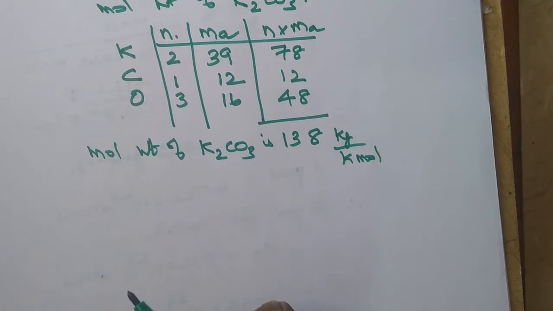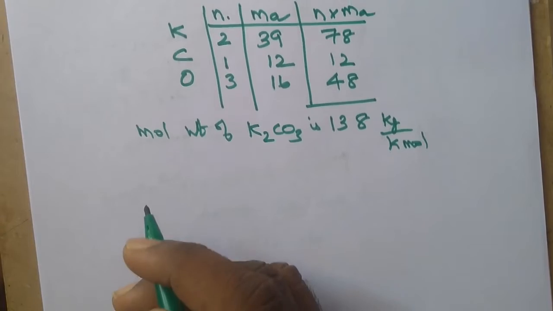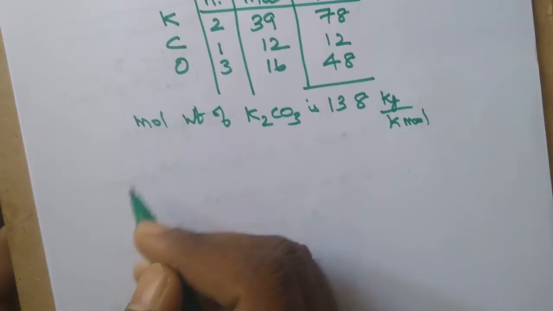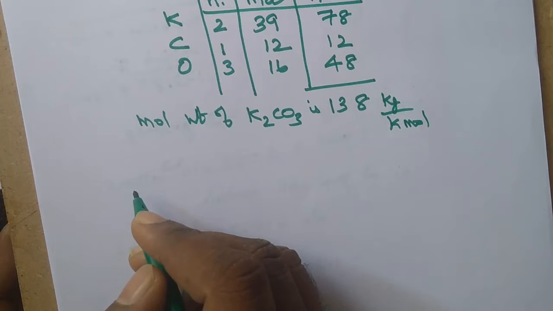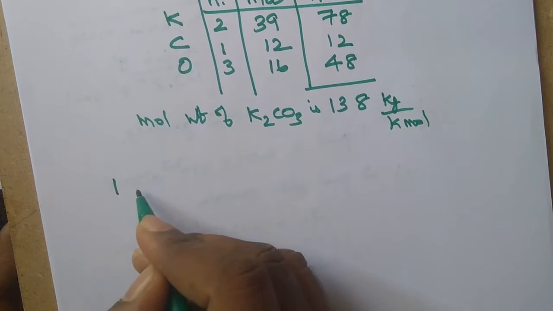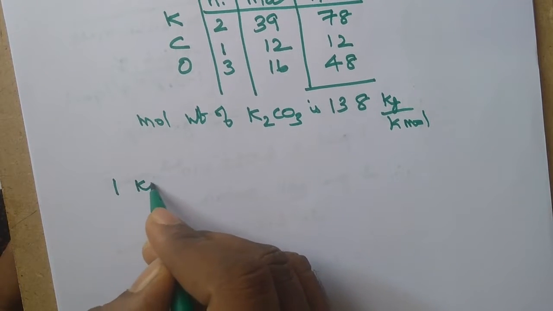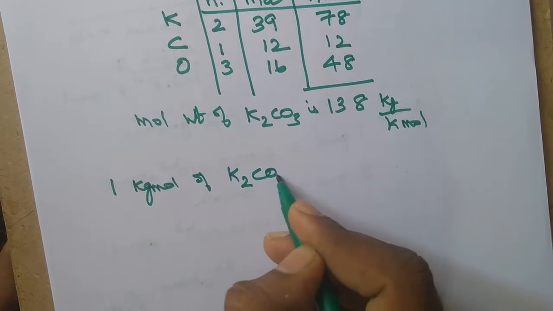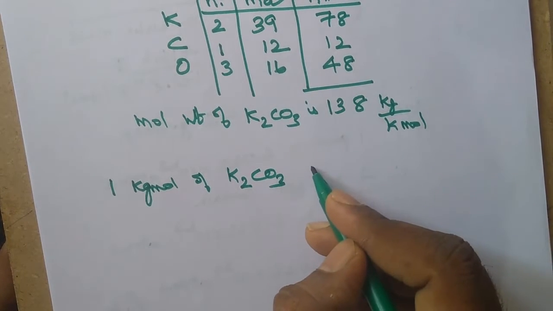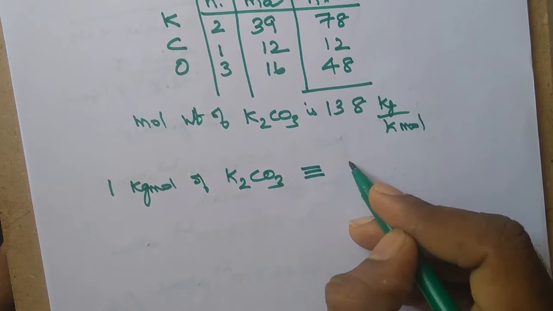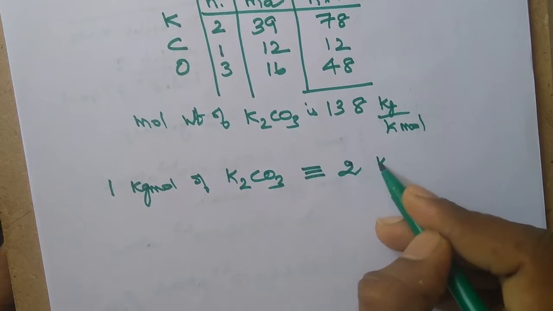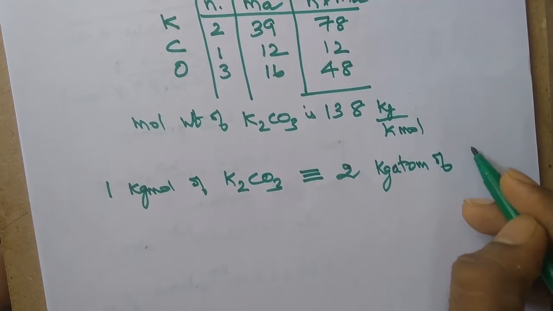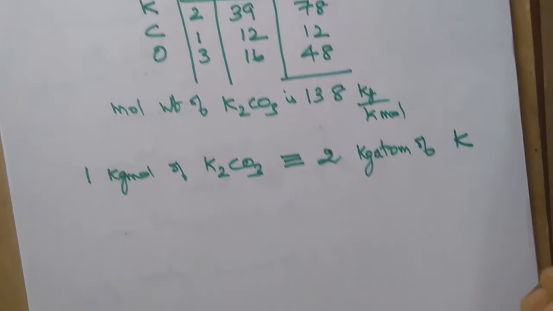Now we write the mole equivalent. How many kg atoms of K are there in K2CO3? 1 kg mole of K2CO3 contains 2 kg atoms of potassium, K. So what we will do?